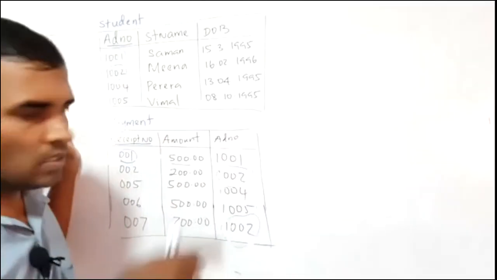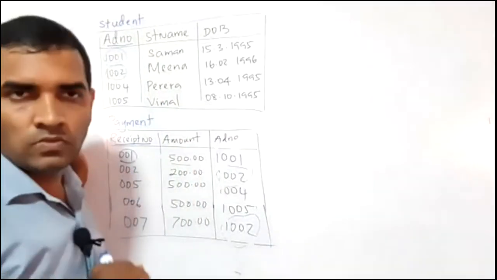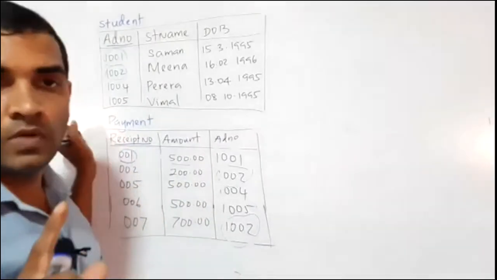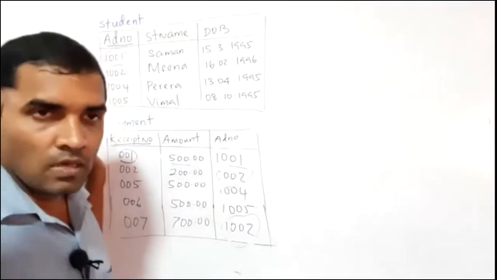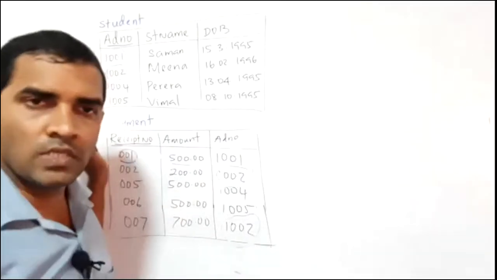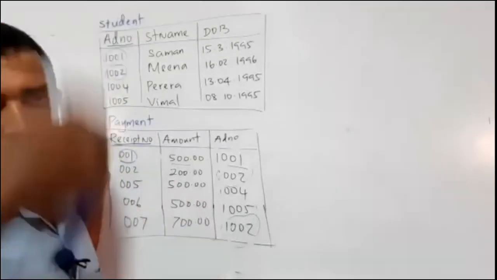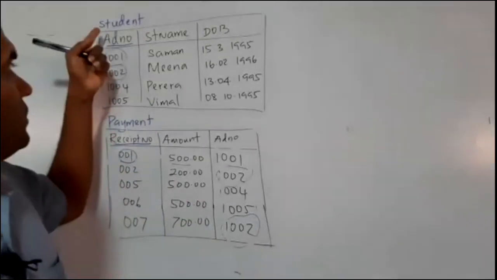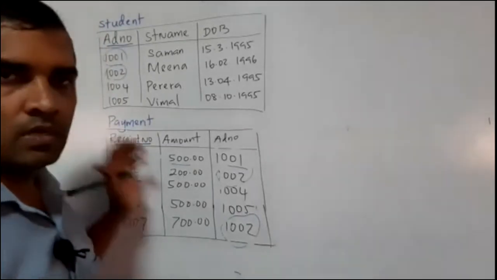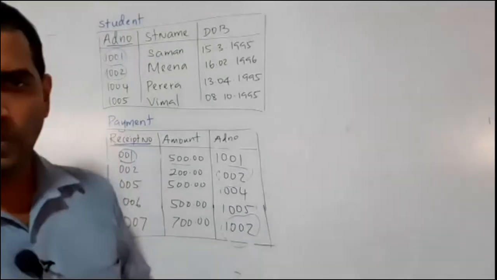So in this direction, from payment to student, it is one-to-one. That is okay. When it comes to a one-to-one relationship, the opposite direction is similar. But when we check from student to payment, it becomes wrong. That's why it is not one-to-one.